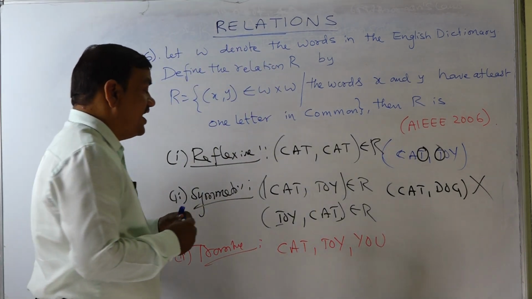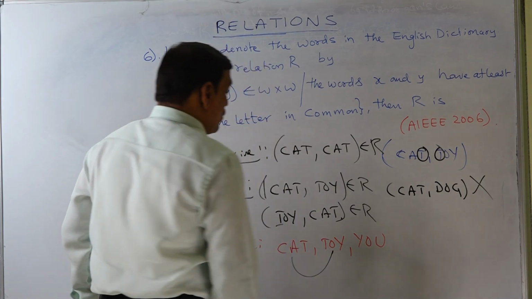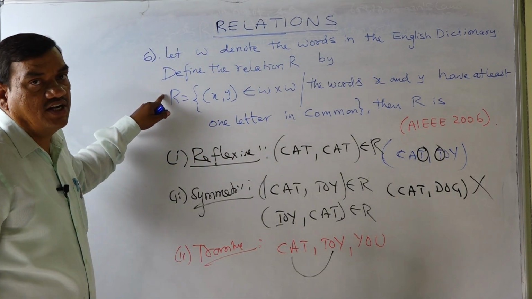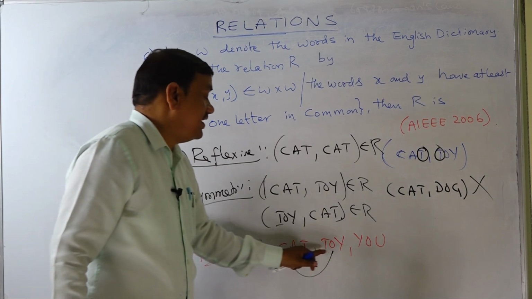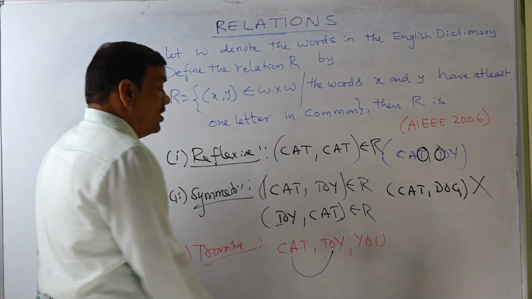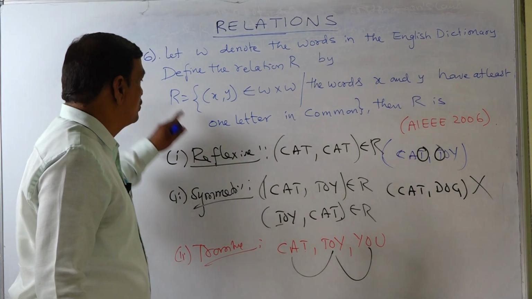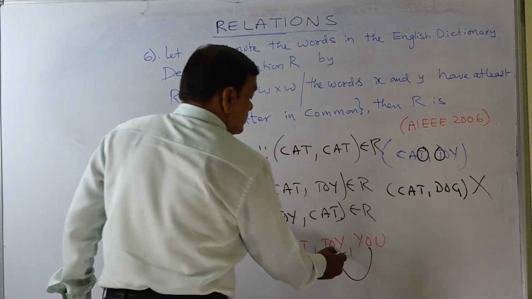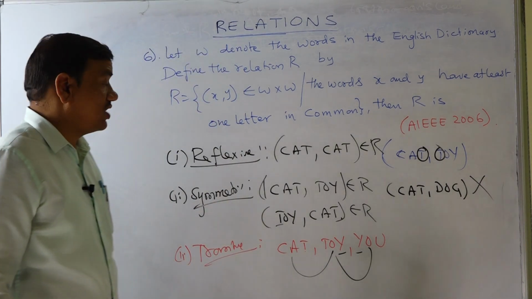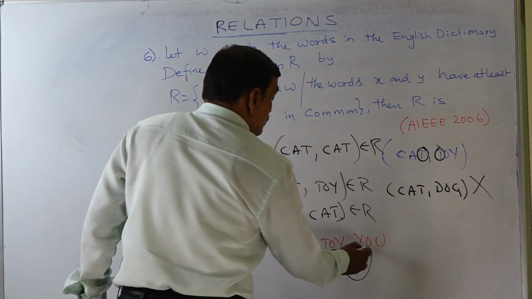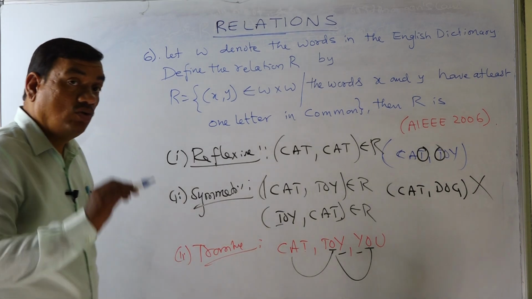Clearly, (CAT, TOY) belongs to our relation R. Why? T is common. (TOY, YOU) also belongs to our relation R. Why? Because Y is common. Of course, O is also common, 2 letters are common.